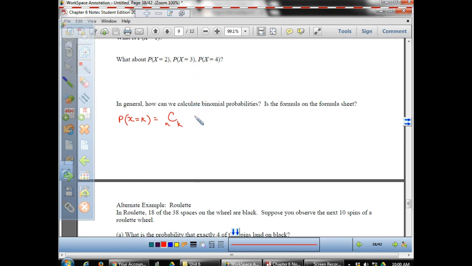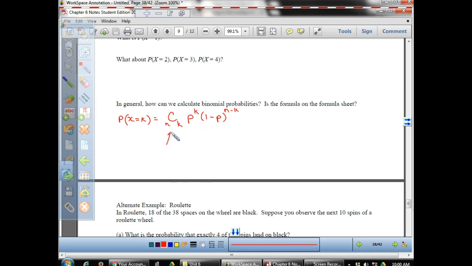And then I'm going to take my probability for success and raise it to the K power. So if I'm looking for 1 success, this would be a 1. If I'm looking for 2, this would be a 2, which makes sense with what we did up above. Then I need my probability for failure to the power of all the other trials. So this is the formula.